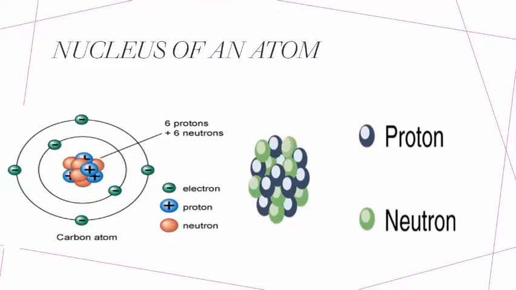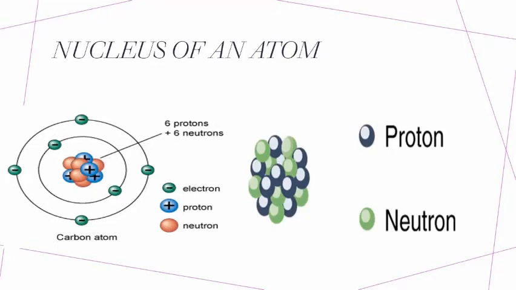The second thing is that the entire positive charge on the nucleus is due to the number of charges on the individual protons. Protons are positive, so they constitute the positive charge.